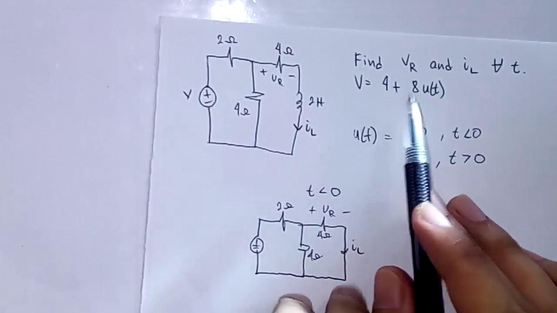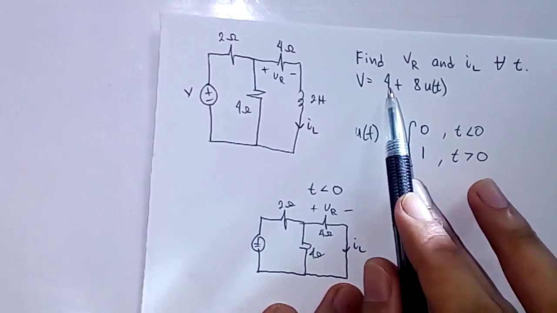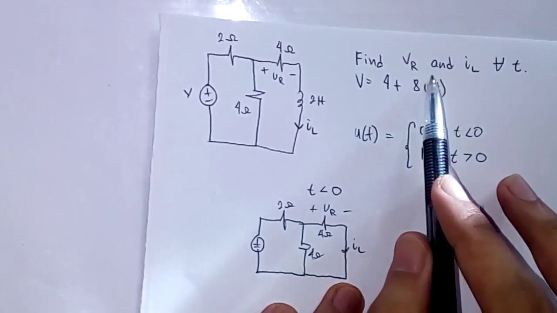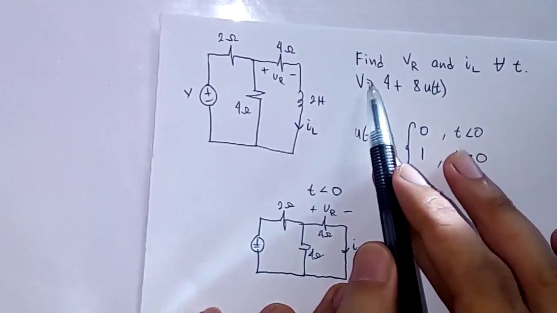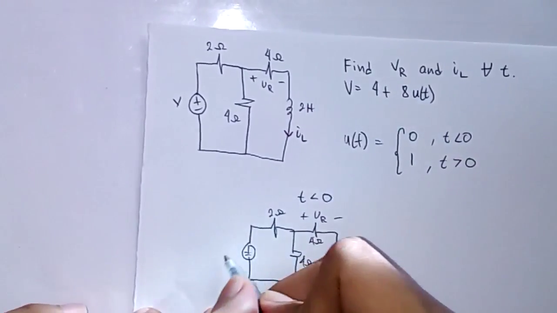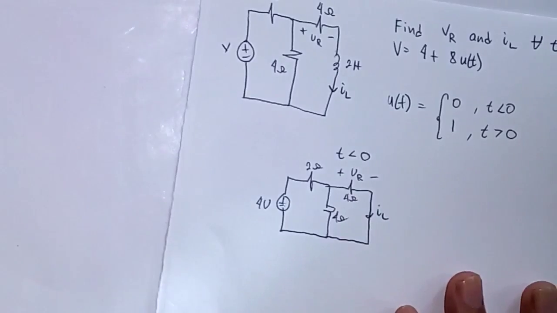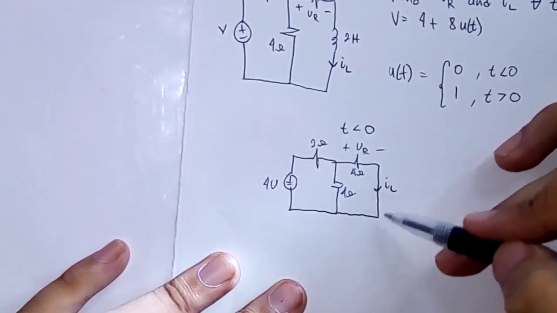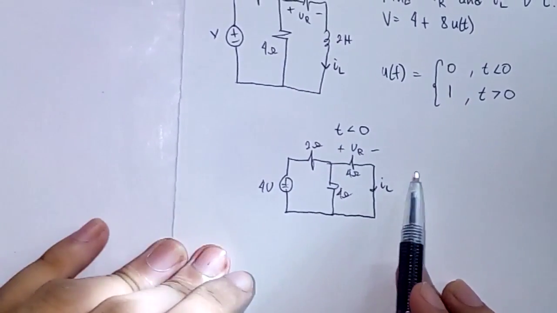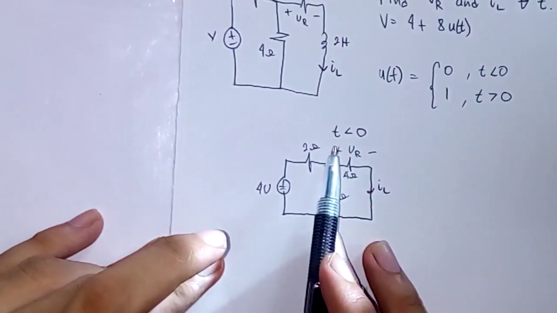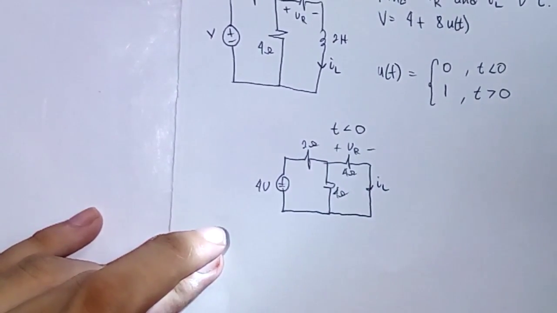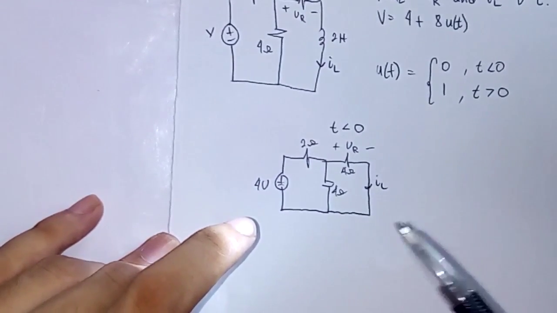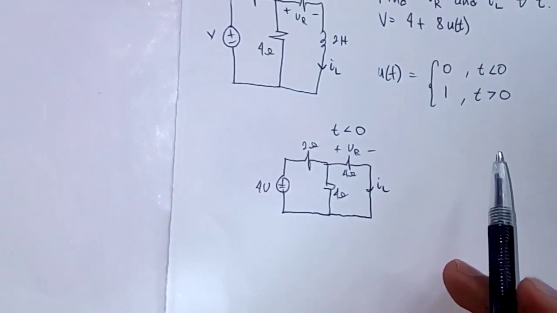Why? Because our initial voltage is 4 plus 8u(t), and when t is less than 0, this will be 0. So V equals 4 volts. As you have noticed, I have shorted our inductor here because in our first interval, we're just going to need our forced response, and we can't find any natural response at our first interval.